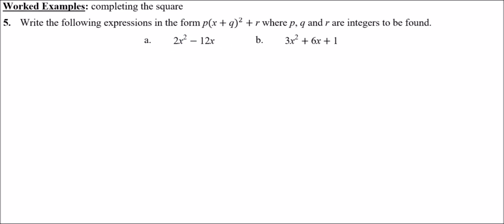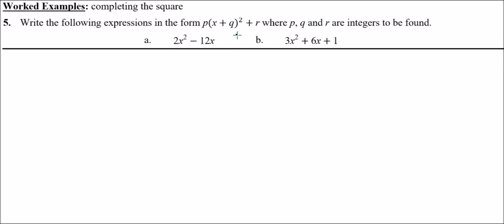So I'm just going to section off the A and the B, again to make sure we don't collide and it reads in a nice clear way. So what we need to do is factorise out this 2 first and foremost.